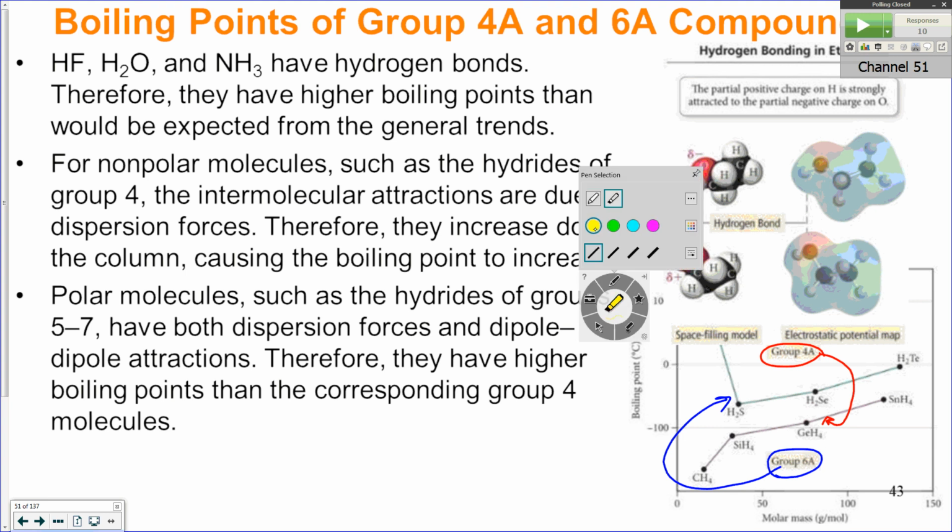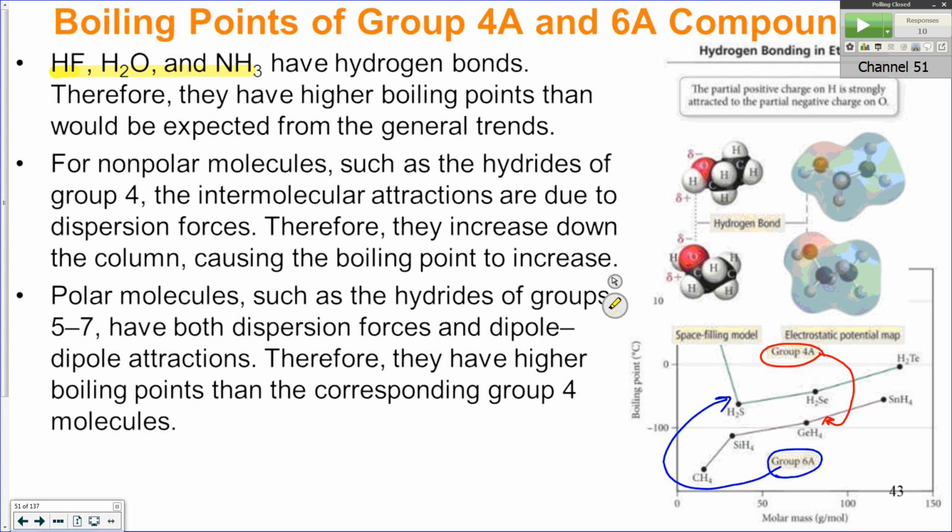If we do a comparison of trends, the ones that can do hydrogen bonds have substantially higher boiling points than the others. Nothing in the 4A family can do a hydrogen bond, but in the 6A family, oxygen can.